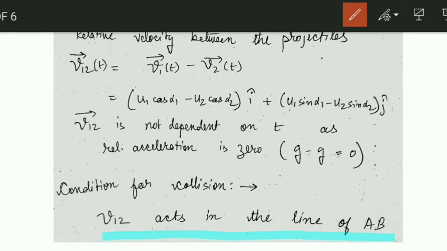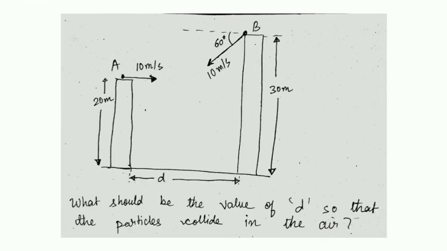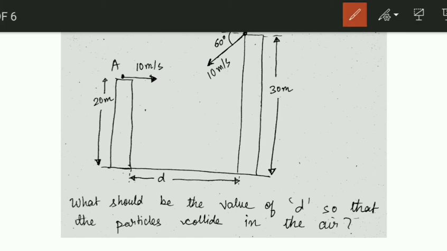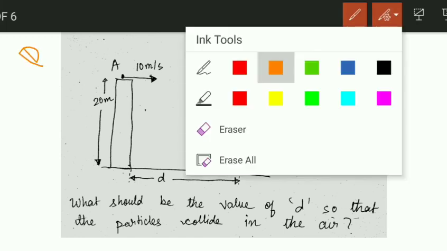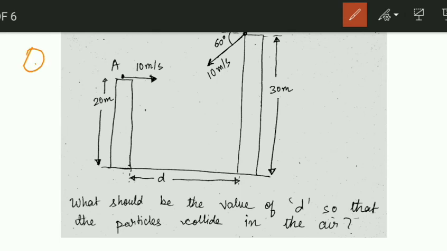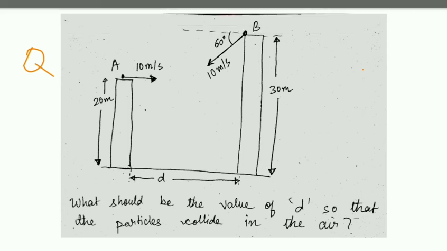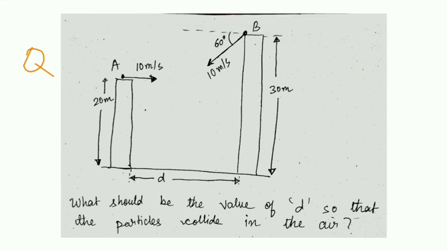Okay, now let's solve a problem, then it will be very much clear for us. So we have a question here. We have a tower, and point A is above the tower, and we have another tower of 30 meter height, and point B is above that tower.